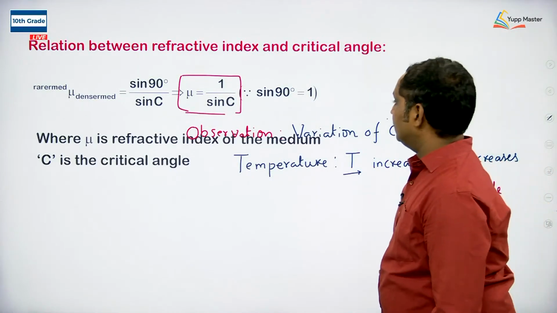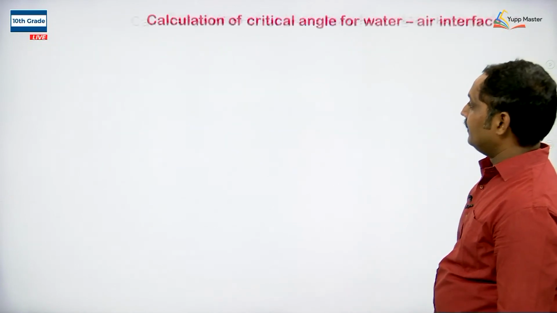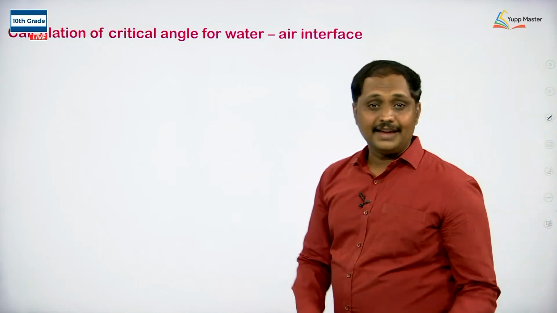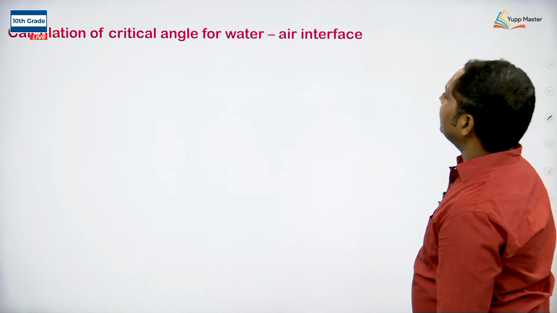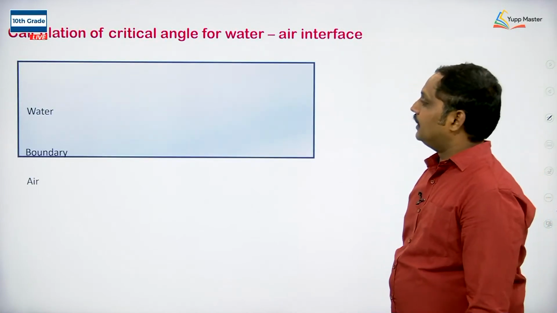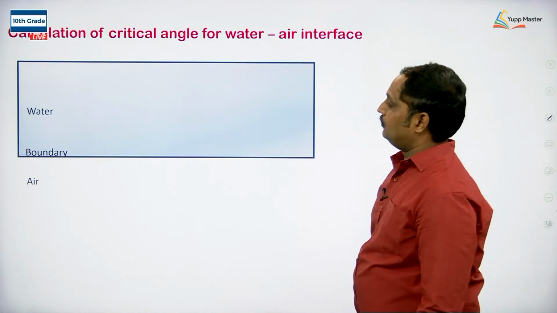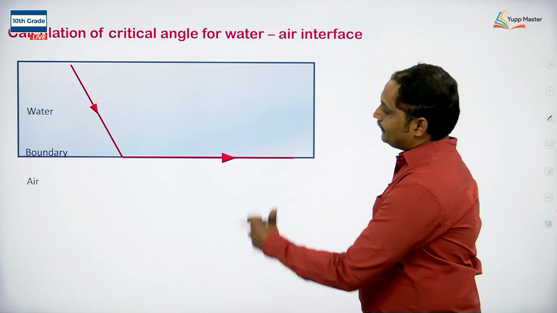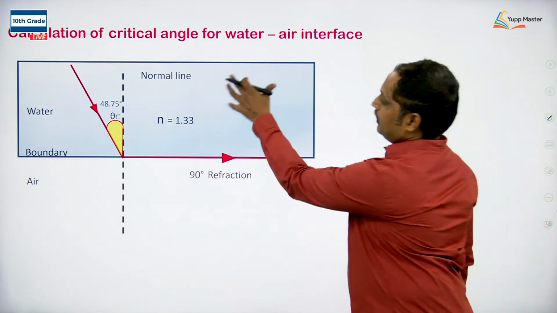Let us use the refractive index, and C is the critical angle. Let us take different case studies. Calculation of the critical angle for a water-air interface. We have taken the water boundary and air. So, light has entered from denser to rarer. This is the normal line.